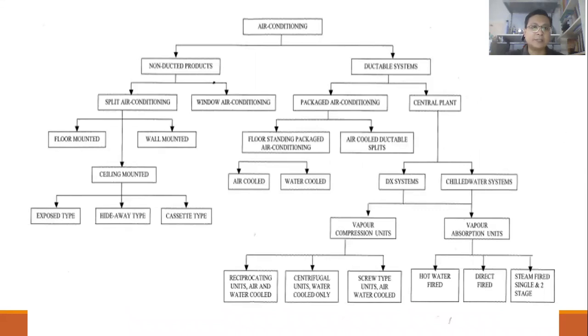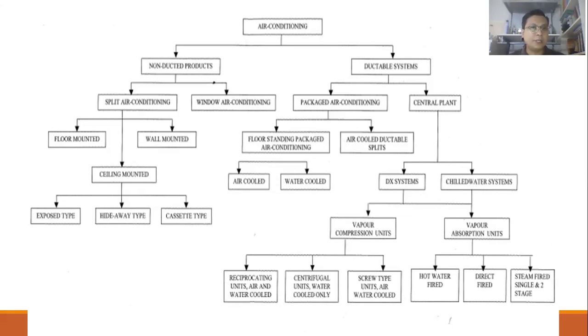The split unit is categorized under the non-ductable products of HVAC. The split unit and window air conditioning are a similar category in non-ducted HVAC systems.